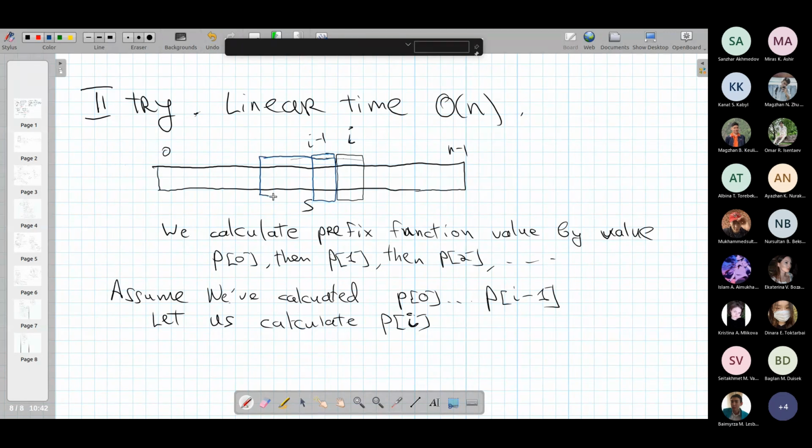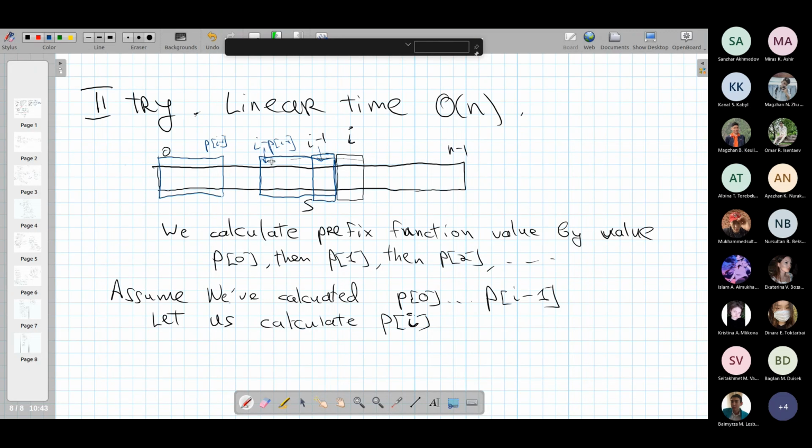So let us assume P of i minus 1 matches. On the previous step, we found such strings. So this is i minus 1, this is i minus P of i minus 1, this is this position, and so on. This is P of i minus 1.